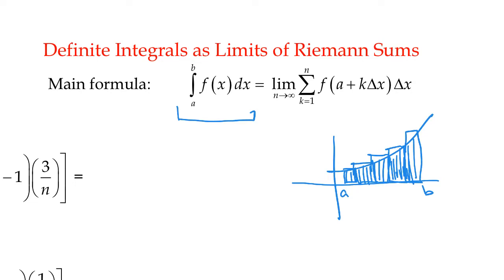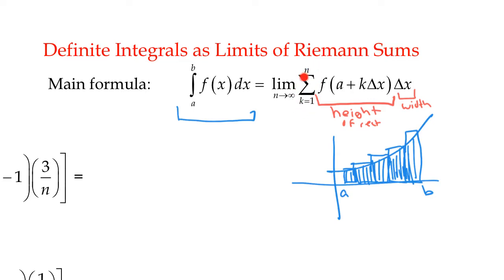So the first thing you have to recognize here is that this is the height of a rectangle, and delta x is, of course, the width of a rectangle. Height times width is area.